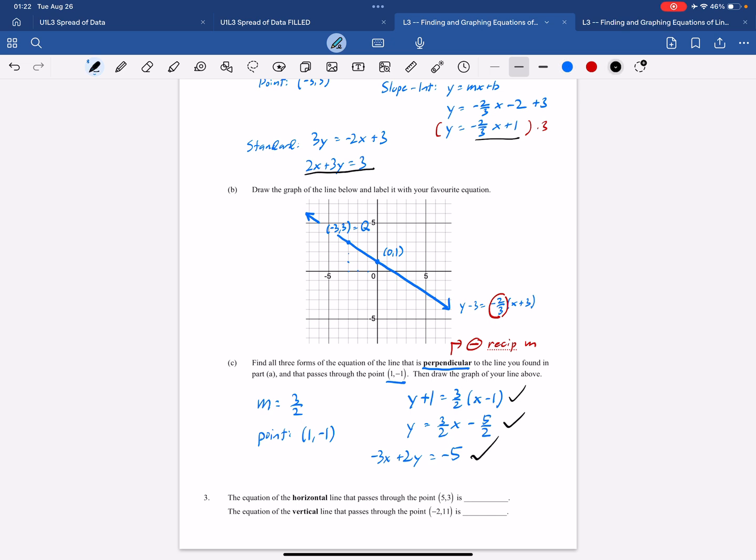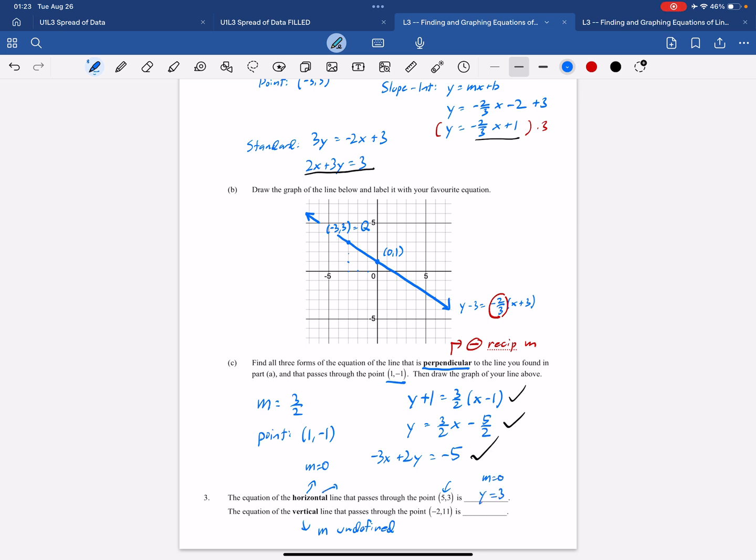And then lastly, we have horizontal and vertical lines. We looked at this last time, I think, with the letters. Remember, a horizontal line has a slope of 0. A vertical line has an undefined slope. So basically, we just write them as their x or y coordinates. If a horizontal line goes through the point 5, 3, then because there's no rise, the slope is 0, so it's just always the y coordinate.